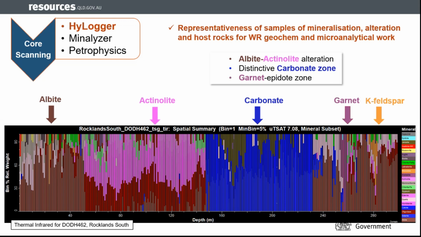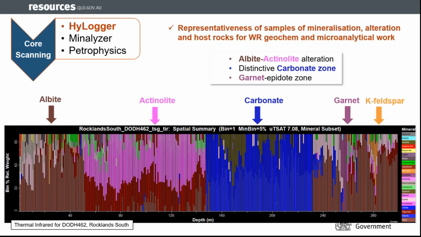You can see here how clearly we can define different mineralogical domains in this drill core. And this really ensures that we have a very representative sampling, not only of the main ore intervals, but also the host rocks, and importantly, all the alteration that we see here.